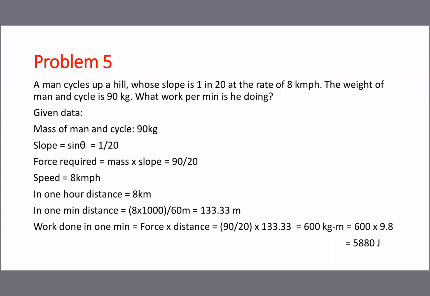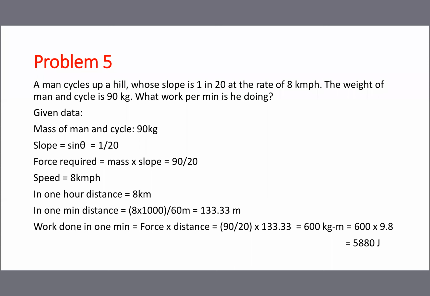I already told, in the recap itself, force required is equal to mass into slope. If mass alone is given, you take it as force. Suppose the slope is given, multiply with the mass and take it as force. Similar to friction. Friction problem also I told like that only. Suppose friction is given, multiply with mass, take it as force.